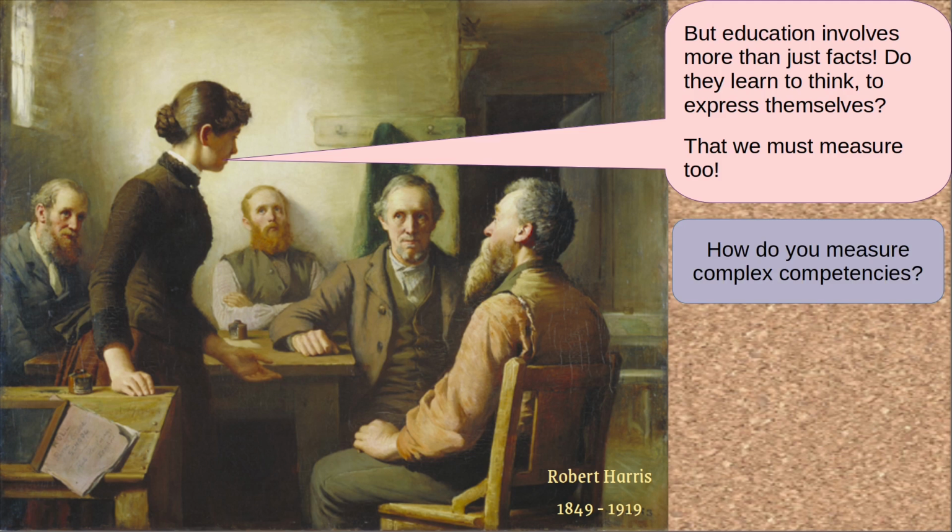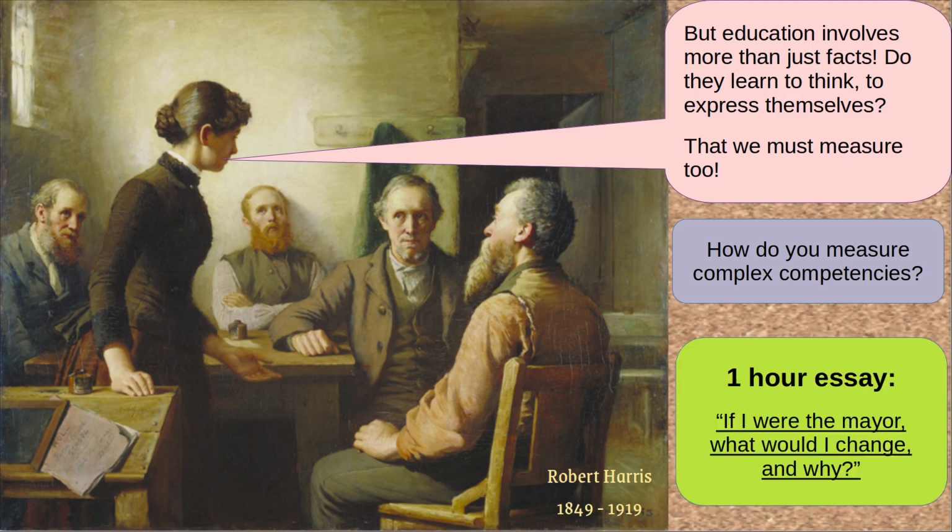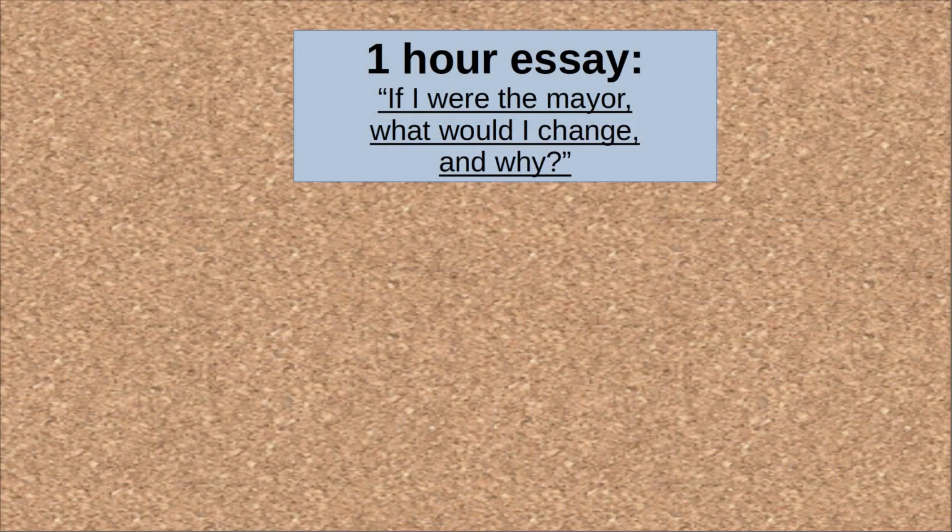She acknowledged that testing for more complex competencies is difficult and suggested that students be evaluated on a 1-hour essay with the topic, "If I were the mayor, what would I change and why?" The topic was chosen to match the experience of young Americans and encourage a wide scope of topics.